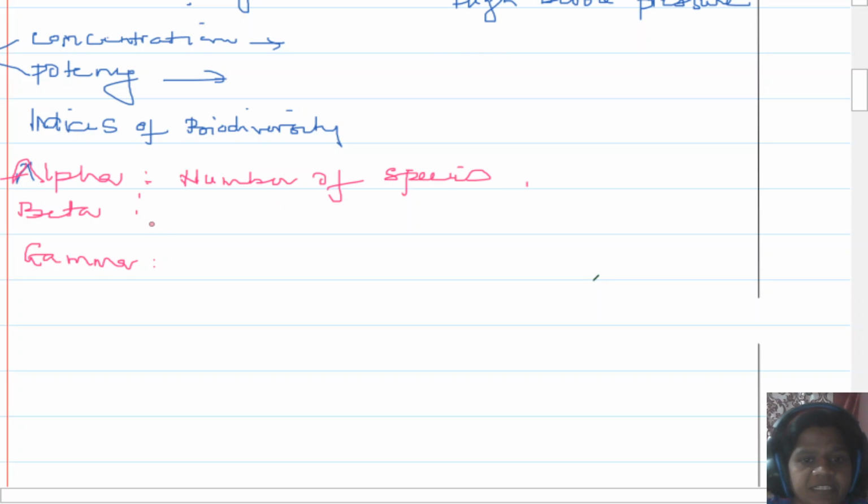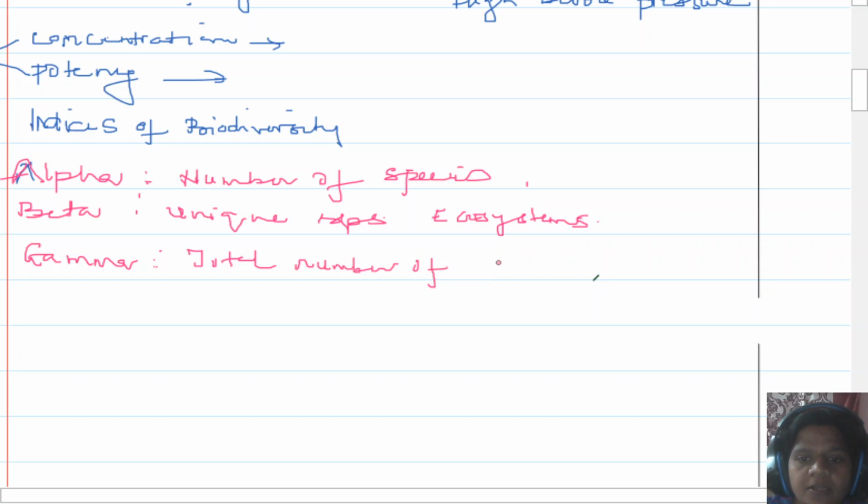The beta diversity is if you take two adjacent ecosystems, remove the common species between the two, and count the unique species between the two ecosystems. Now the gamma index shows the total number of species in all the ecosystems of a particular area.